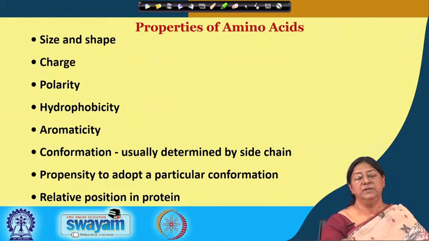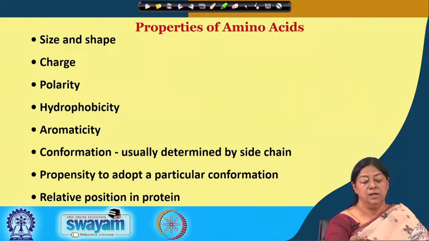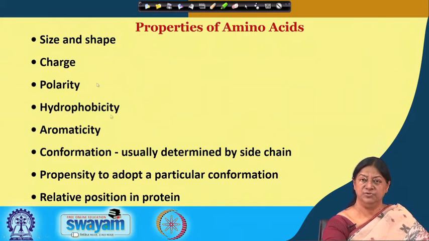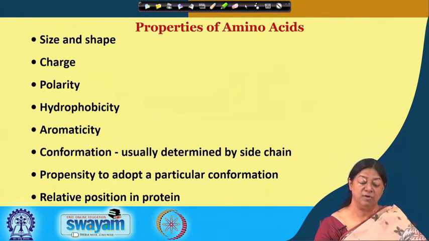But first of all, we need to understand the amino acid acid-base behavior, so we will get a knowledge of why they behave as they do. So, the size and shape is an important feature of the amino acid. The charge, the polarity, its hydrophobicity, its aromaticity, the conformation that it usually adopts, the propensity or why it would adopt a particular conformation, and the position in proteins.